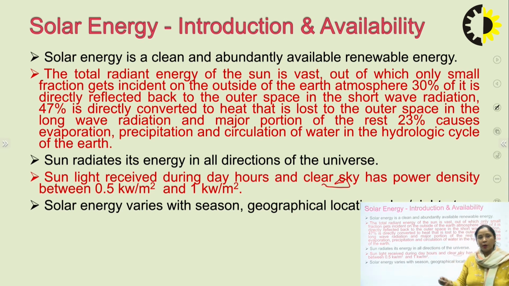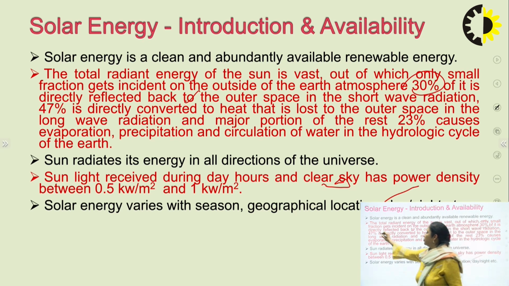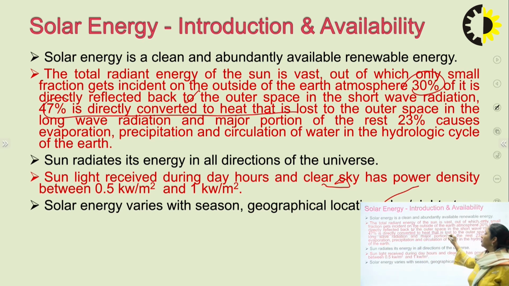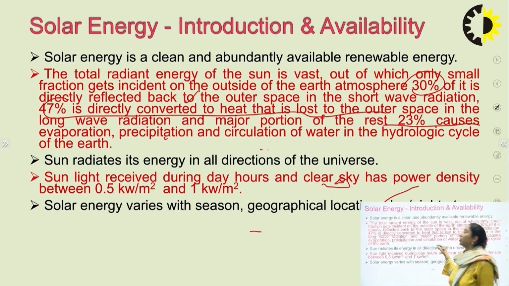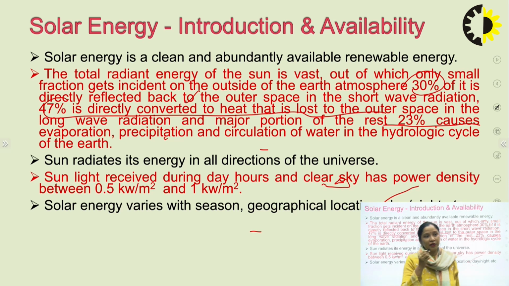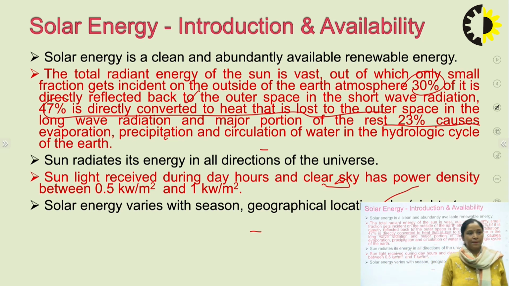From that small amount, 30% is reflected back to outer space, and 47% is directly converted into heat, which is also lost to outer space, and the rest 23% causes major evaporation, precipitation and circulation. So you can know that from a small amount of energy which is being consumed by the earth, only 23% is the usable energy.